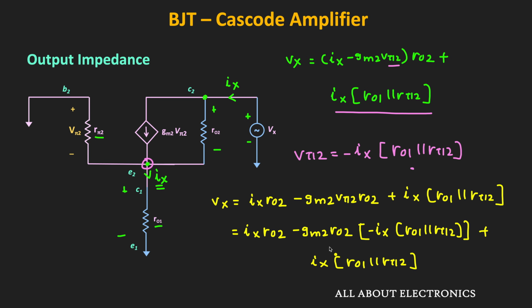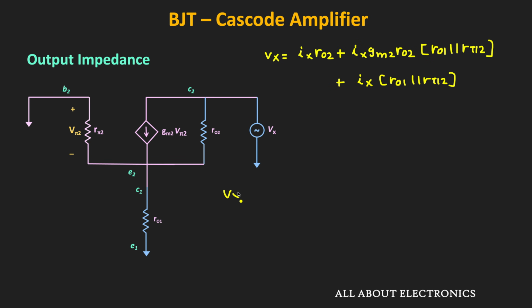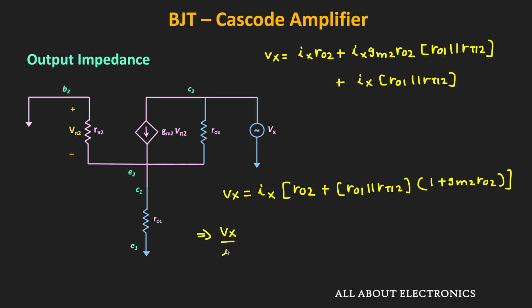So further if we simplify it, then we can write Vx is equal to Ix times R02 plus R01 in parallel with Rpi2 times 1 plus Gm2 times R02. So from this we can say that Vx divided by Ix, or the output impedance of this cascode stage, is equal to R02 plus 1 plus Gm2 times R02 times R01 parallel with Rpi2.